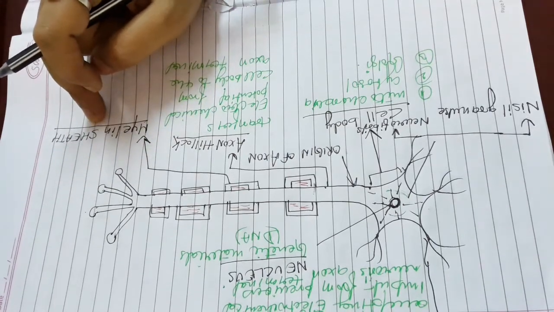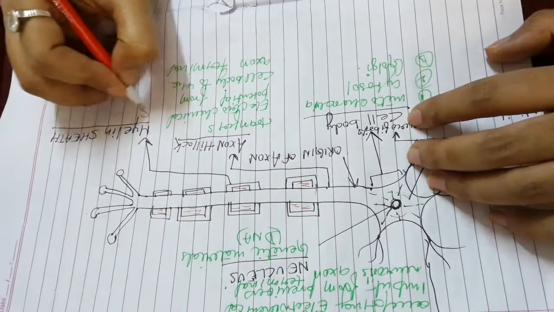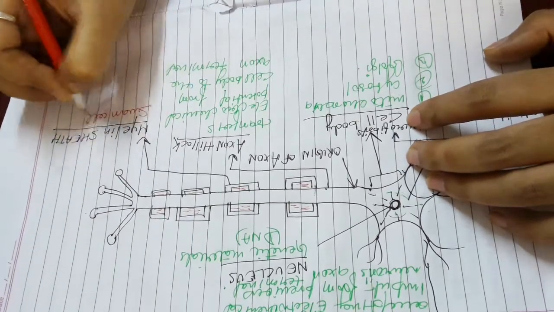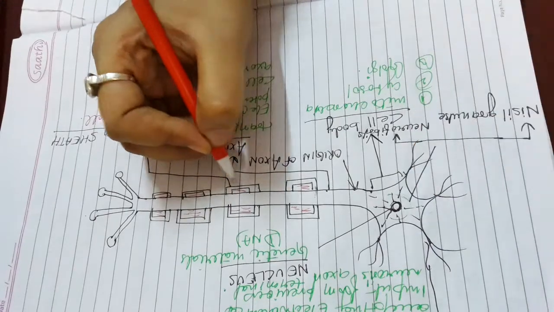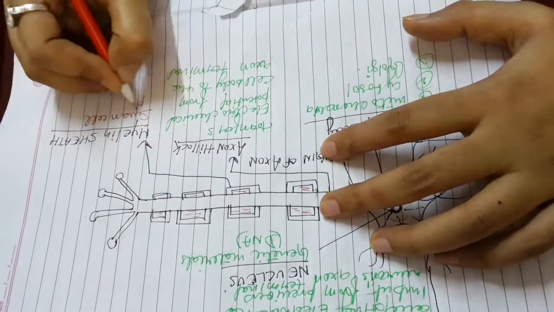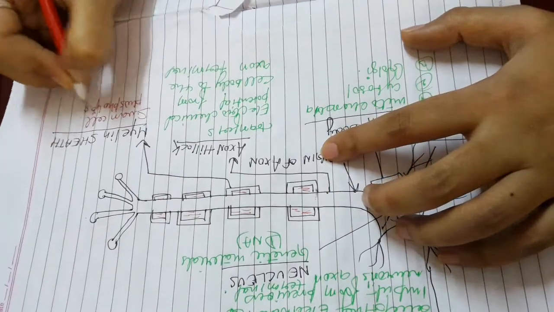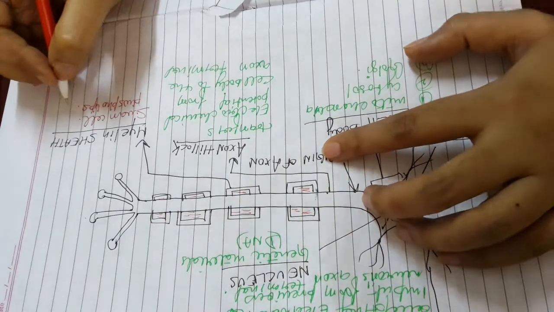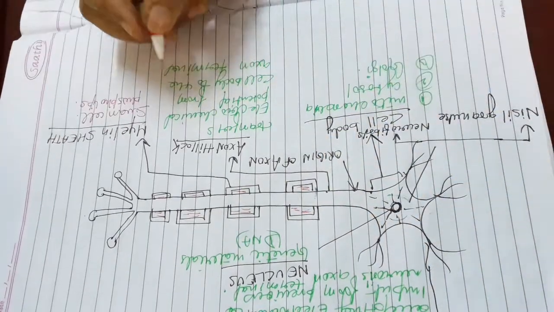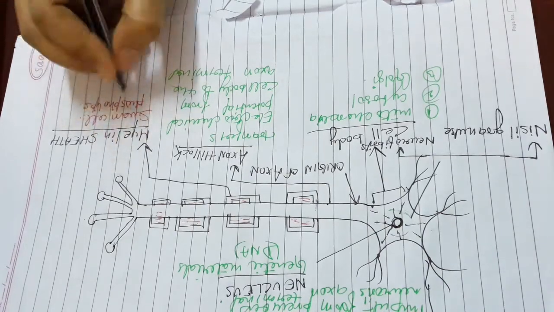The myelin sheath is made up of Schwann cell, and in this there is a fluid which is called phospholipids. The function of myelin sheath is saltatory conduction.